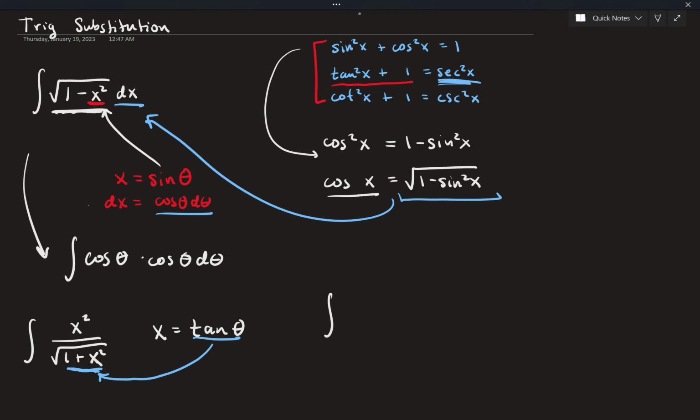How about x squared minus 1 to the 3 halves? Well, this one actually looks like the middle identity if I subtract the 1 off here. So if I subtract 1 on both sides, I'll get tangent squared x equals secant squared x minus 1.